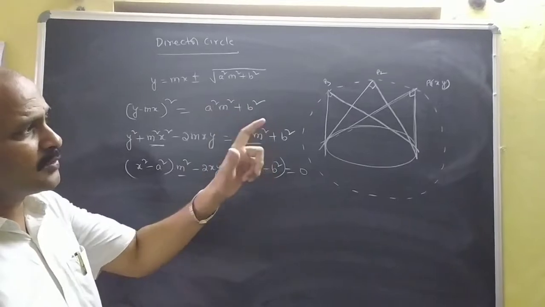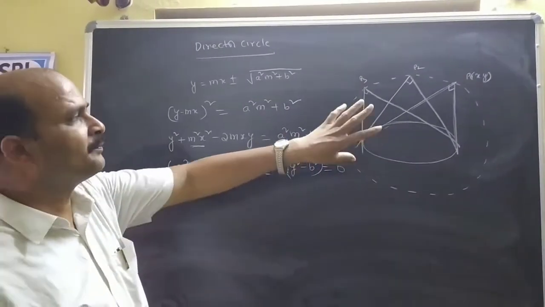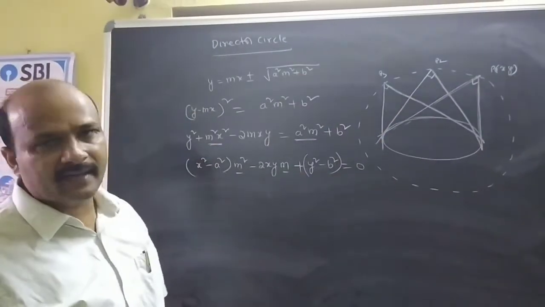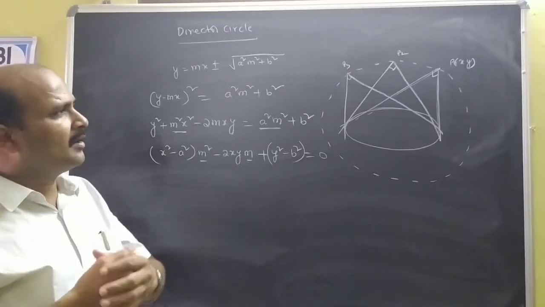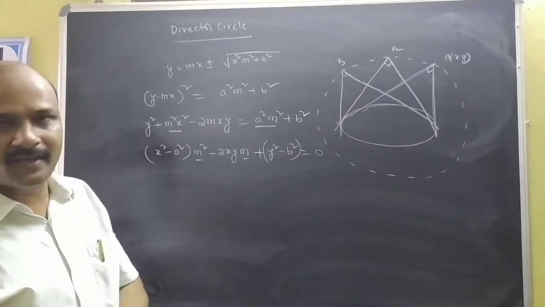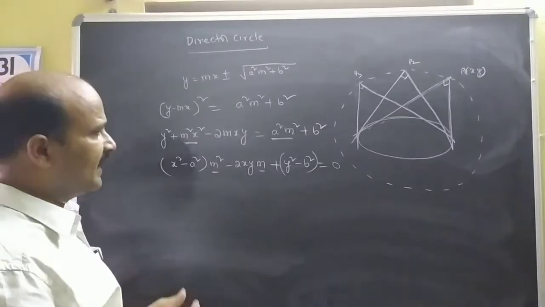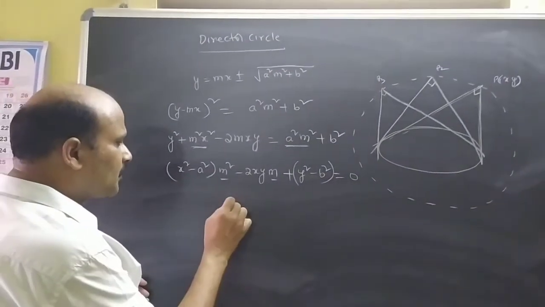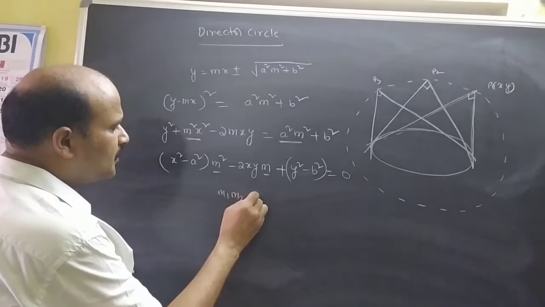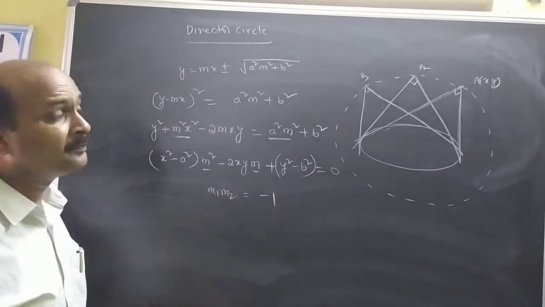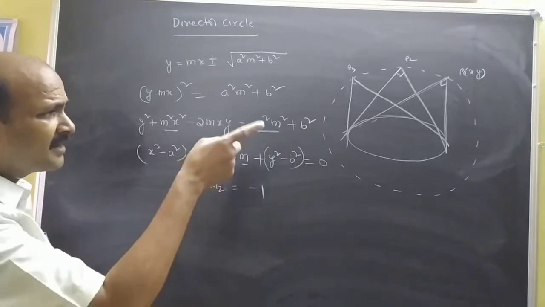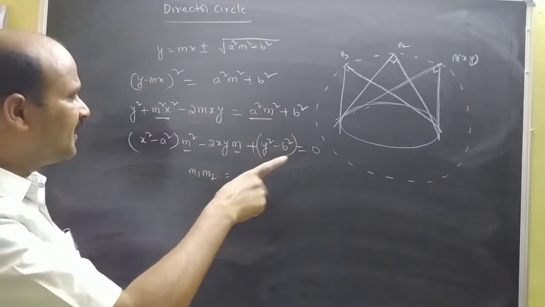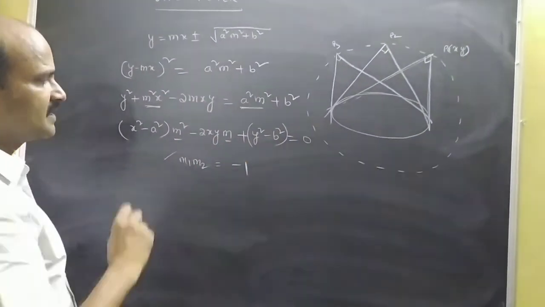According to the condition for the director circle, the locus of the point of perpendicular tangents of an ellipse, the product of the slopes m1 into m2 is equal to -1, because the angle between the tangents is 90 degrees.